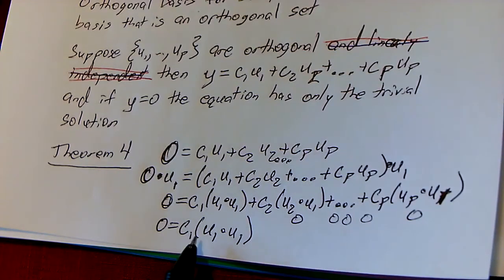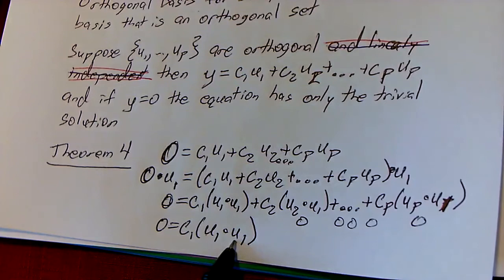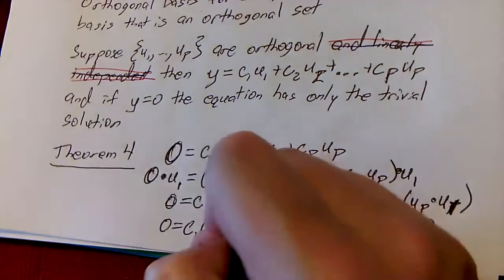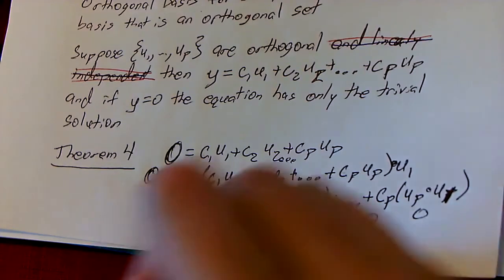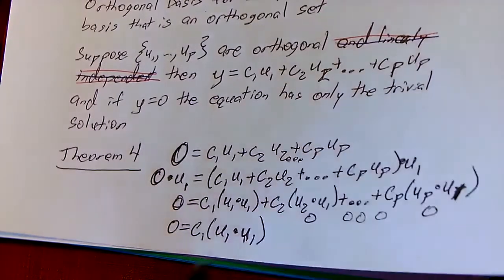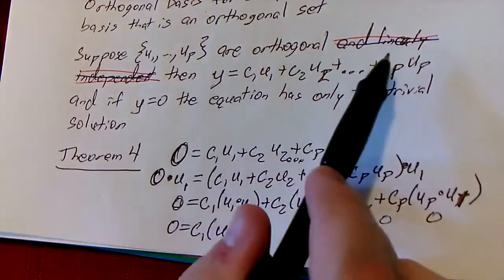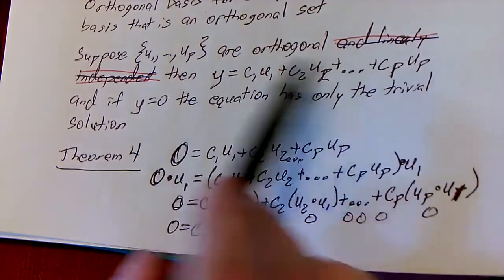And now u1 dot u1 can't be 0. Again, check those properties for dot products. Remember, something dot product with itself has to be greater than or equal to 0, and it can only be 0 if the vector itself is the 0 vector. So I don't have the 0 vector here, because I don't know that it's linearly independent.